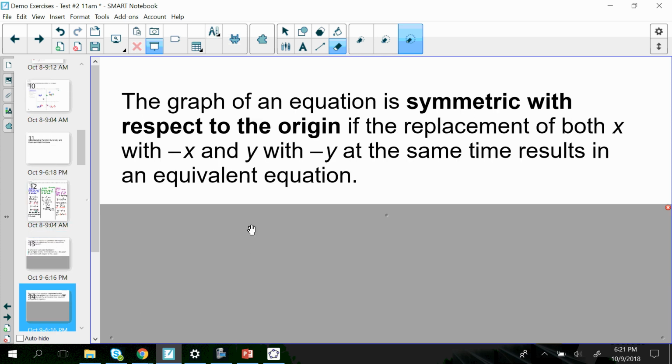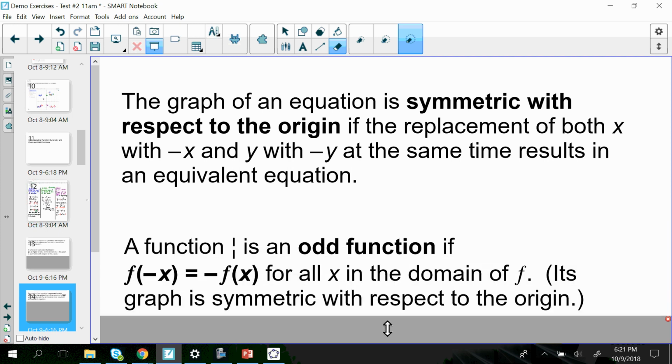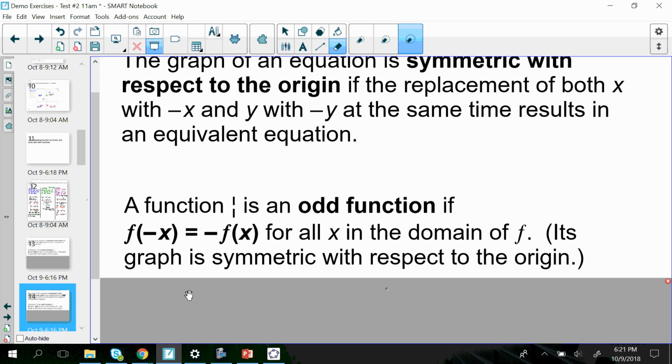Then we have testing for origin symmetry, and it says if the replacement of both x and y with negatives gives you the same equivalent equation, then we say it is symmetric with respect to the origin. Likewise, if you have a function that has origin symmetry, that also makes it an odd function. And the definition of an odd function is written here as f of negative x will result in the opposite version of the original function.